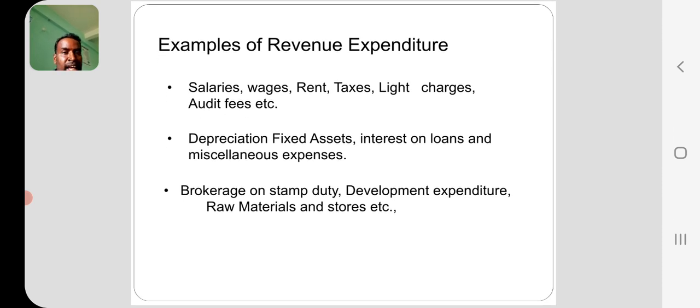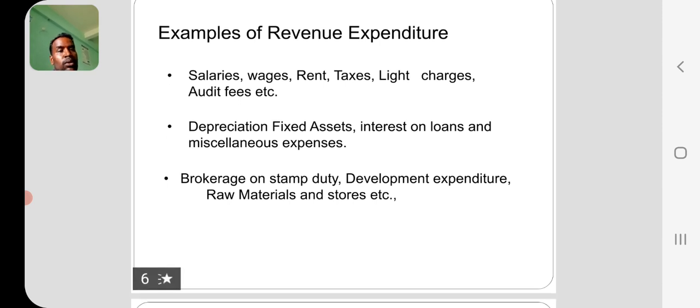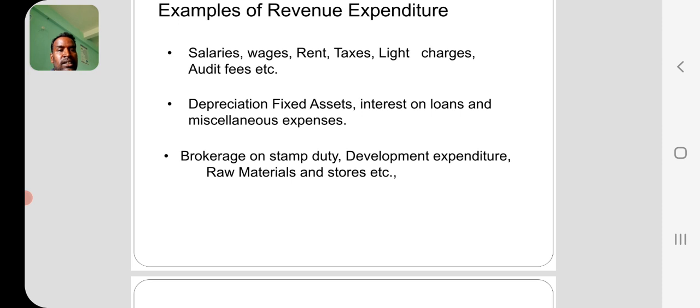Next, salaries, wages, rent, taxes, light charges, audit fees, depreciation of fixed assets, interest on loans, and miscellaneous expenses. Brokerage on stamp duty, development expenditure, raw materials and stores, etc.